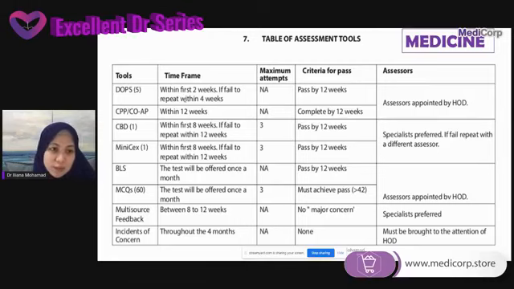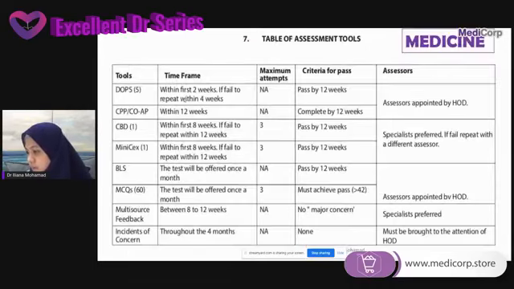I've heard of a department with 4 CBD and 4 CEX. Okay, so you need to know the additional requirements by your department and you need to plan accordingly. So if you have more CBD and mini-CEX, it means your timeline will be much tighter.